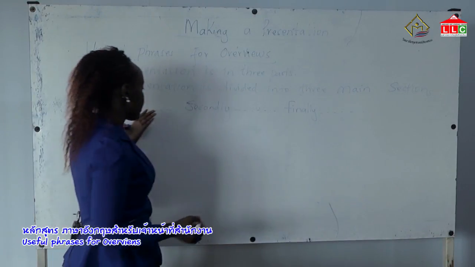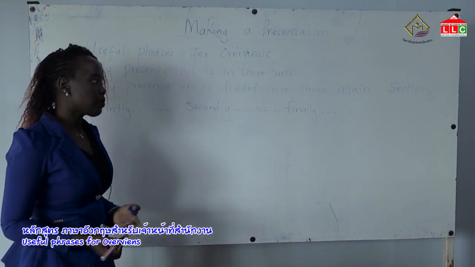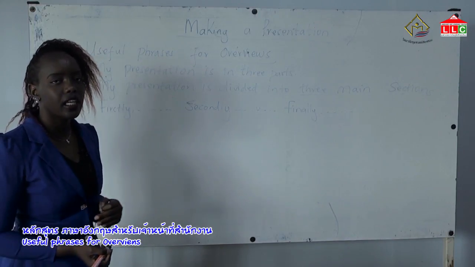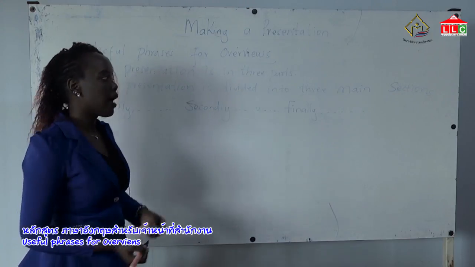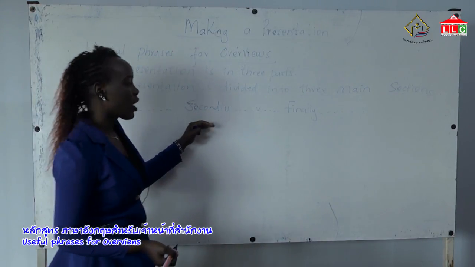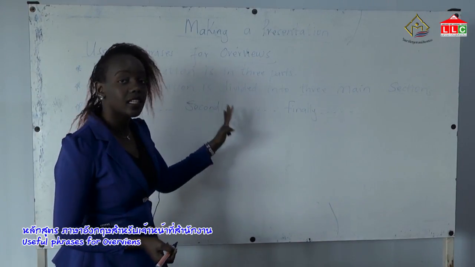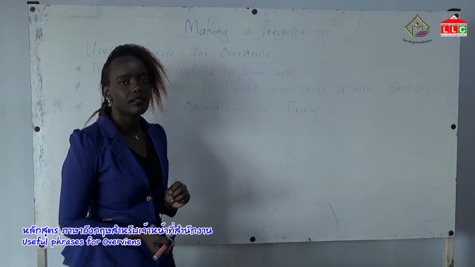So I would say firstly, then you give your point, then secondly, you give the other point, and then if there are only 3 sections, you say finally, the second one. But if there are 4, you would say firstly, the point, secondly, the point, and then thirdly, the point, and then finally, for the 4th point.